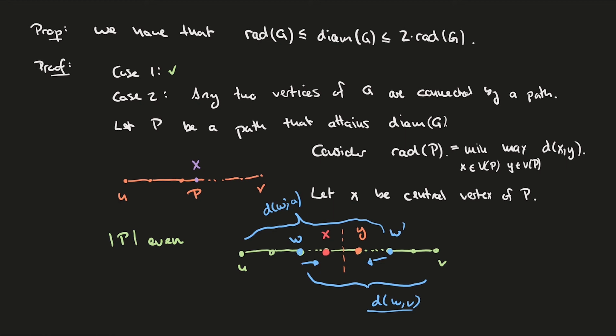Therefore, again, if we have some vertex that lies to the right of y, then this vertex can't be central. It thus follows that x and y are the only two central vertices in the path.